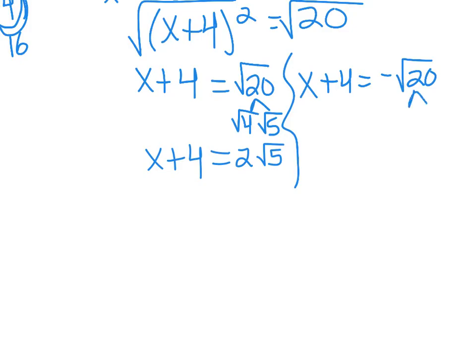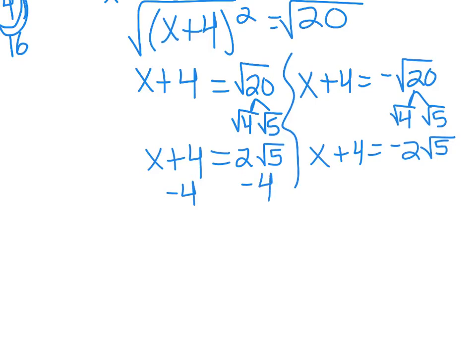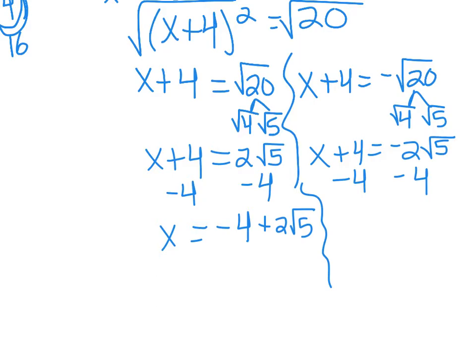You can do the same thing over here. You do not have to show the work twice, but I will anyway. So x plus 4 equals negative 2 square root of 5. It's the same thing, I just simplified it. Subtract 4 from both sides. I have x equals, I like to put my number first, so negative 4 plus 2 square root of 5. Over here, I'm also going to subtract 4, and I get x equals negative 4 minus 2 square root of 5.